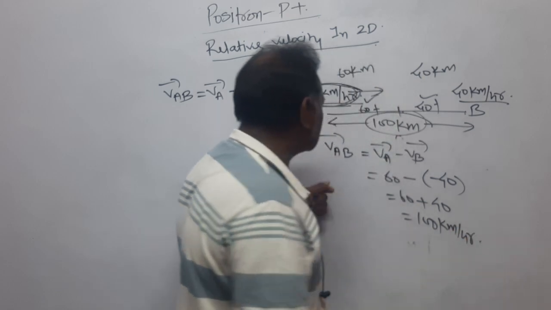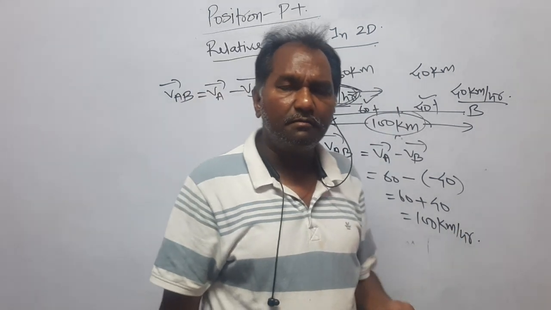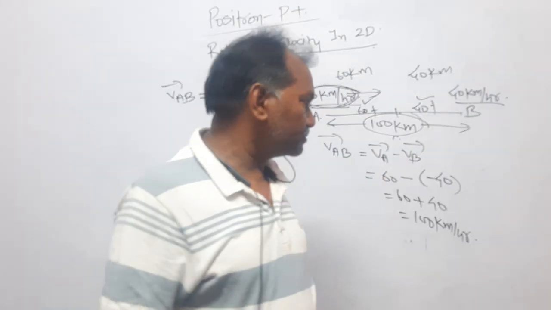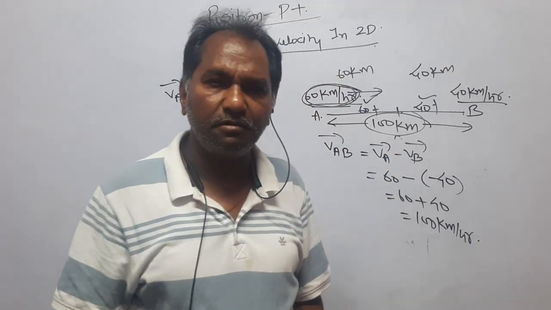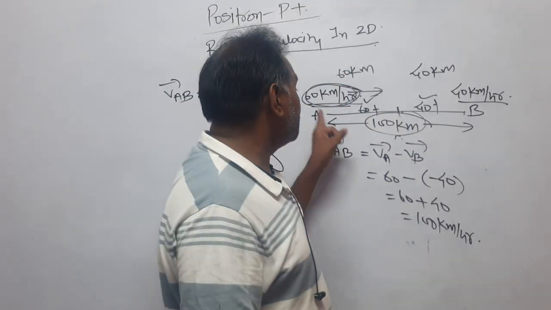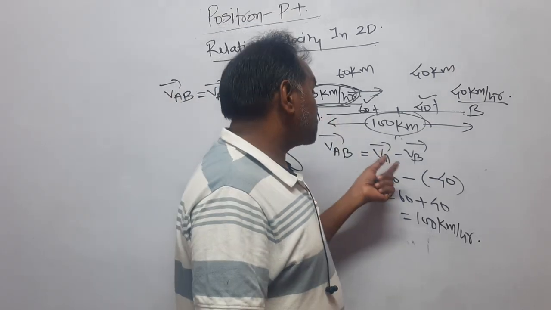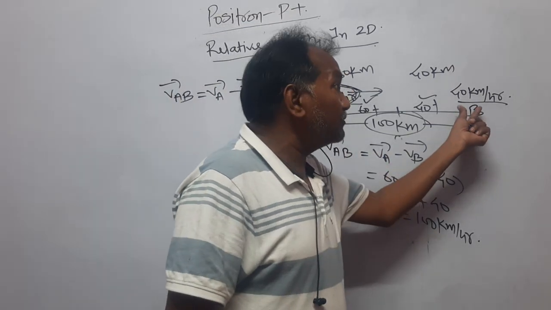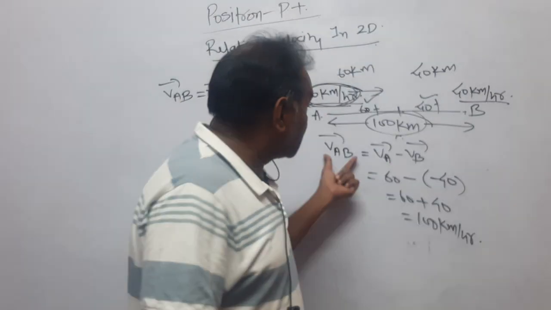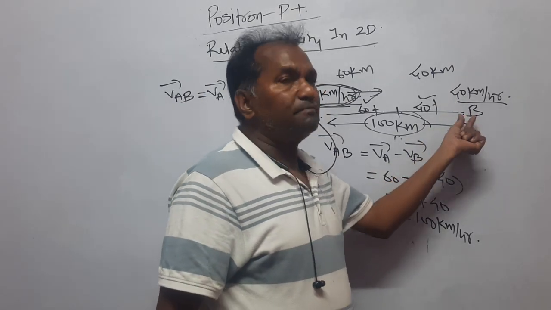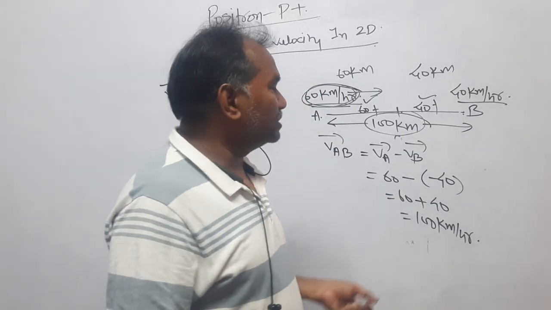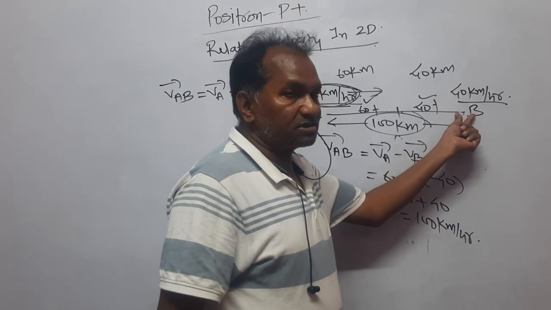Now dear students, you have got VAB, velocity of A with respect to B, that works out to be 100 kilometers per hour. Actually VAB, velocity of A with respect to B, means velocity of A observed by B when B is at rest. In this expression, B is virtually at rest.